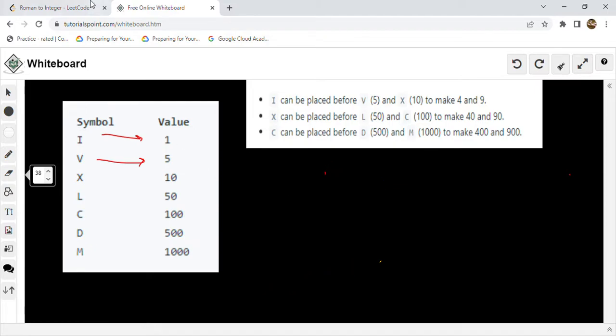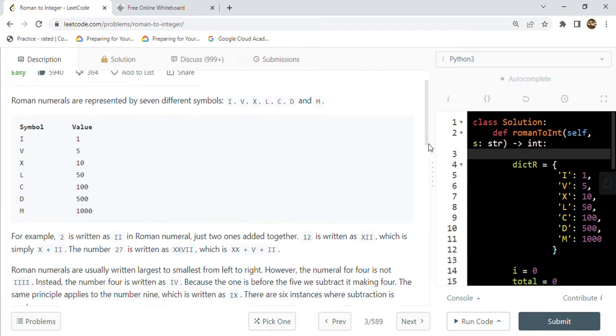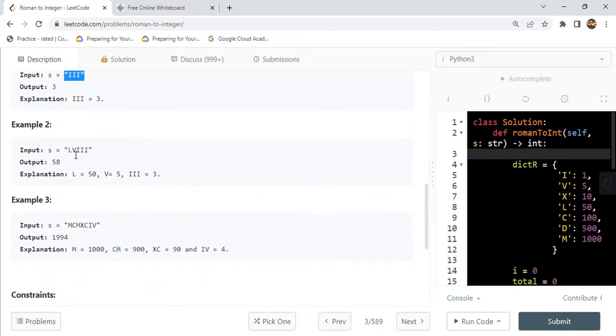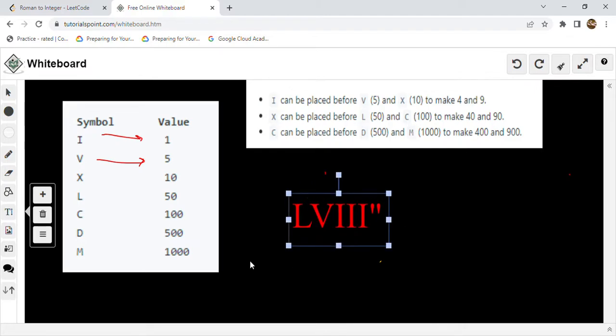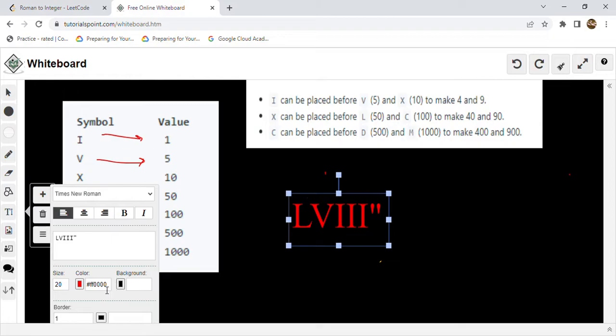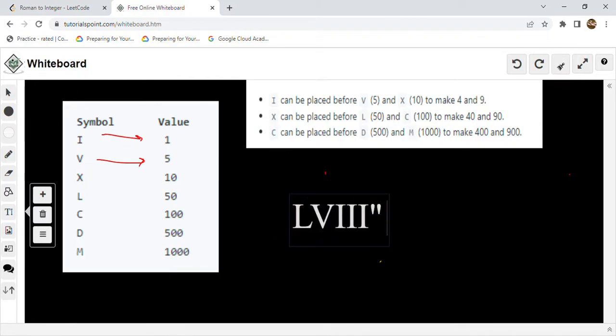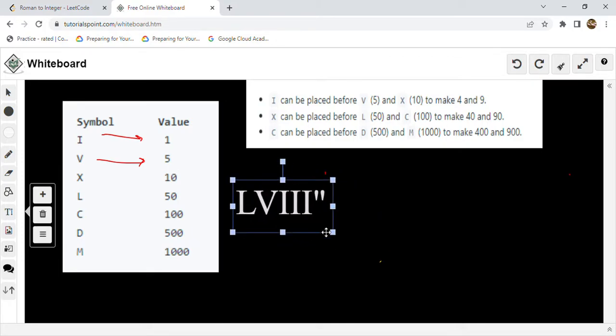Let's take the example they have given, LVIII. Okay, this is the example they have given.